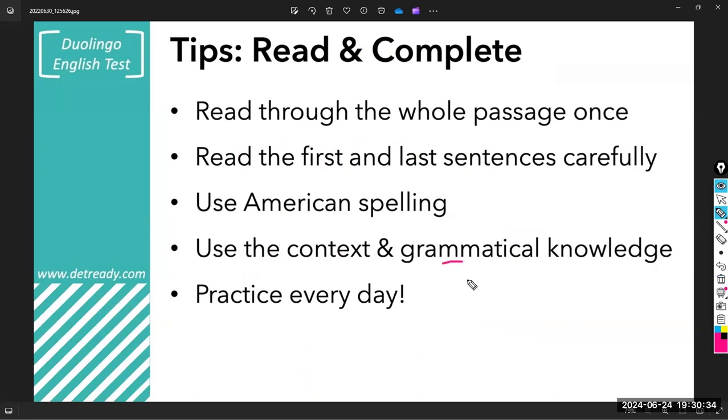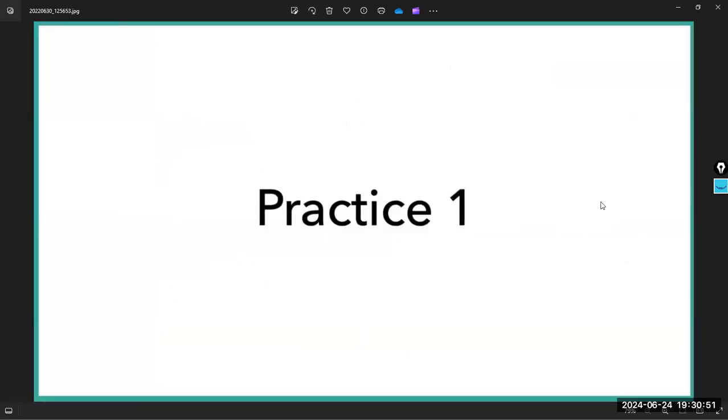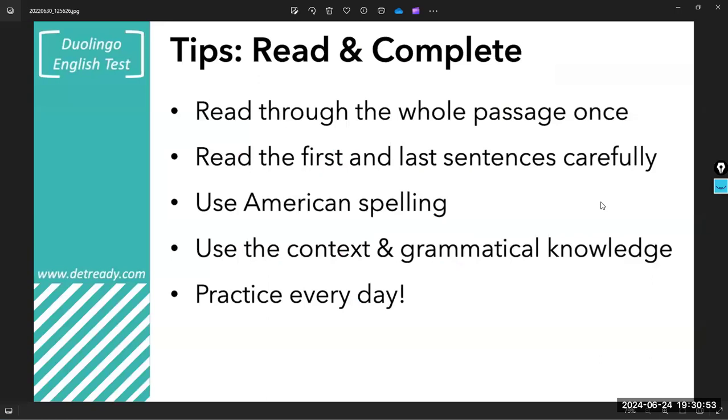We cannot neglect or deny the grammar because the grammar is really important just to discover if it is singular, plural, past, simple present, passive voice, or maybe a modal verb or something like that. Practicing is really important. How to practice, how to have more vocabulary?